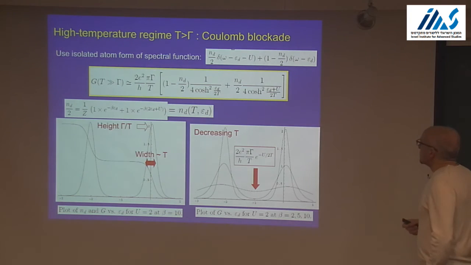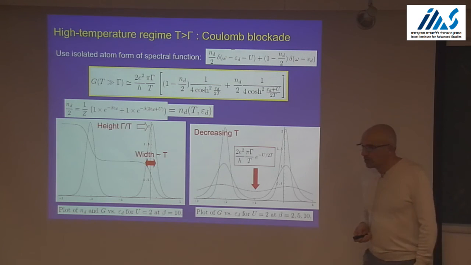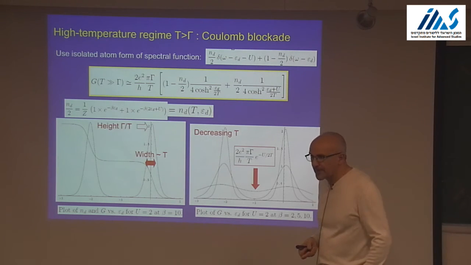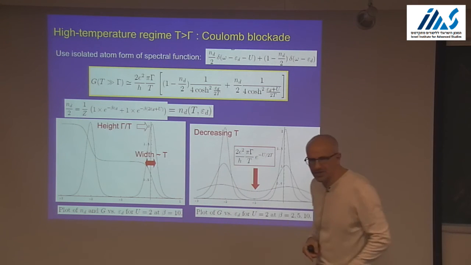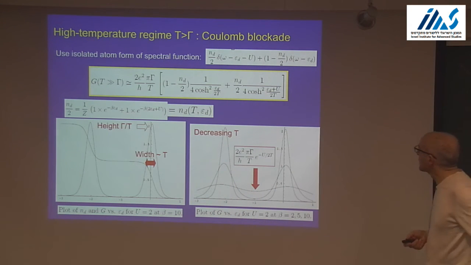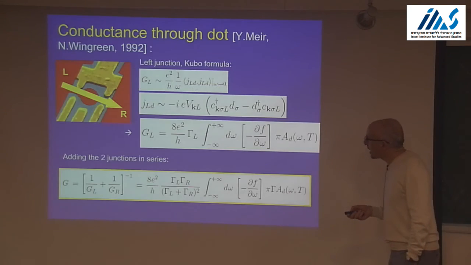Okay, so let me look into the high temperature regime. The aim of this is to gradually take you through the physics of the Anderson impurity model for this example. So let me first look at the high temperature regime.